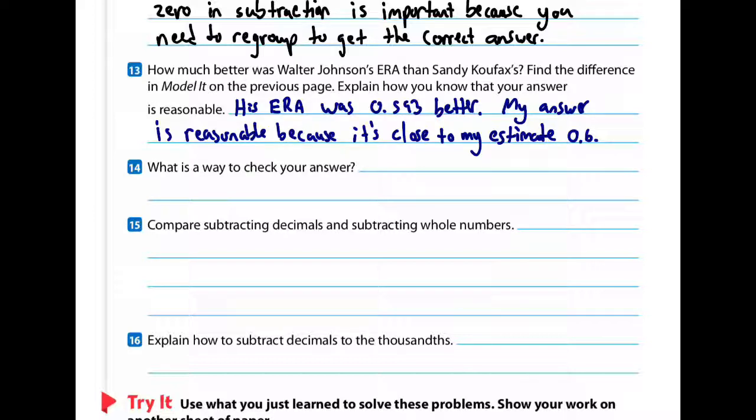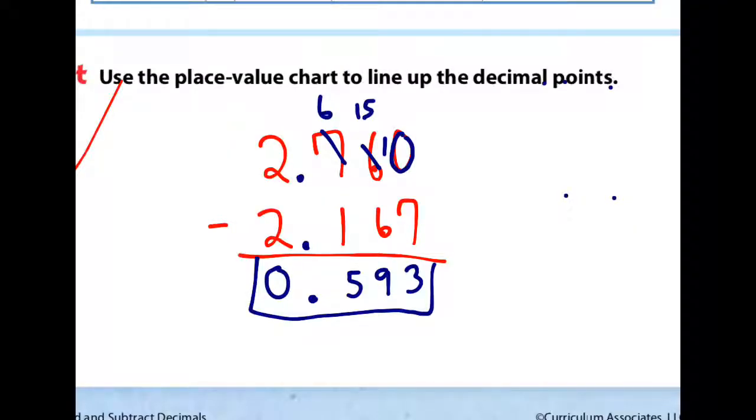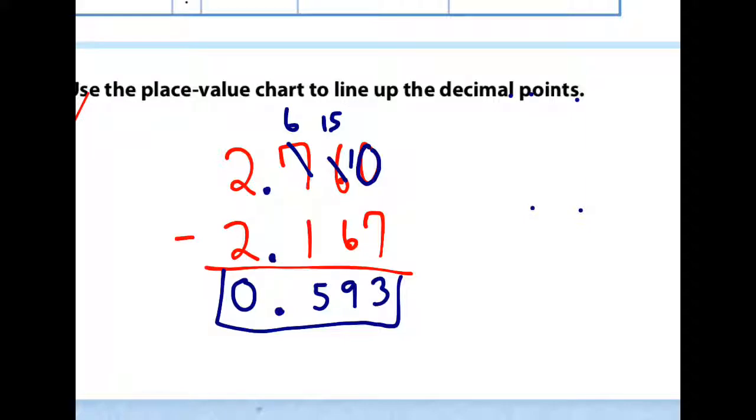Number 14 says, what is a way to check your answer? Now, to check any subtraction answer, you can use addition. So, I'm just going to say that. You can add to check your answer. And I'm actually going to do that. So what I'm going to do is, let me switch to a different color here. How about some green?